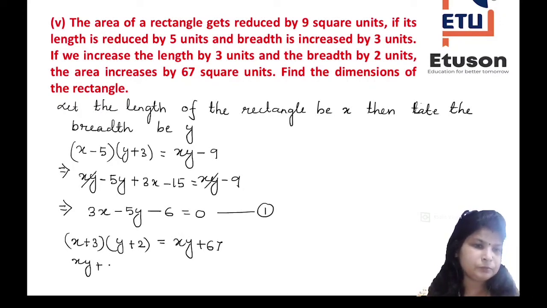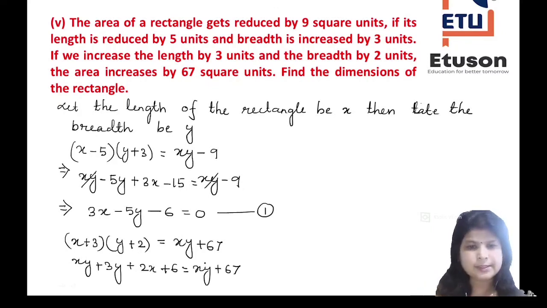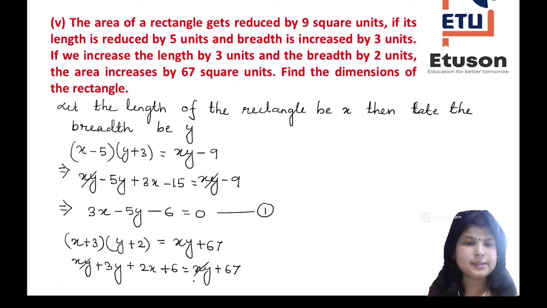So you will get xy plus 3y plus 2x plus 6 is equal to xy plus 67. Xy is getting cancelled. So you will get 2x plus 3y. If you take this 67 to the other side, that becomes minus 67 plus 6, that is minus 61.